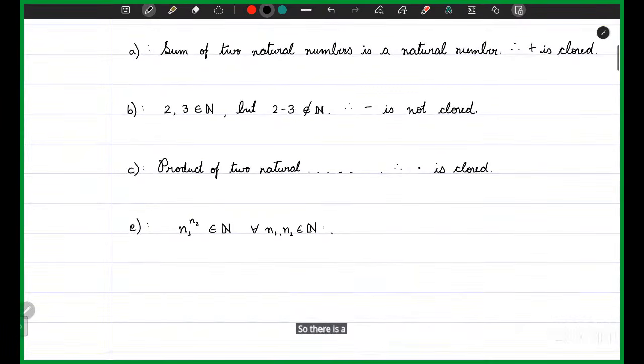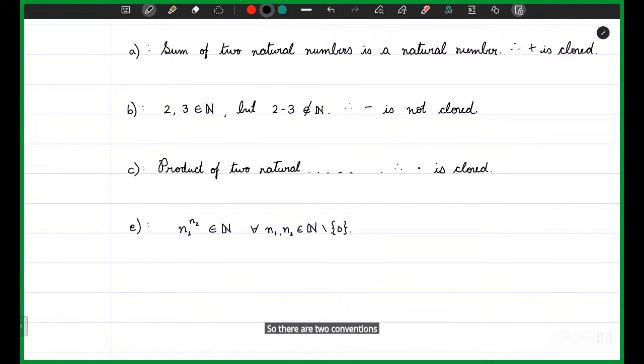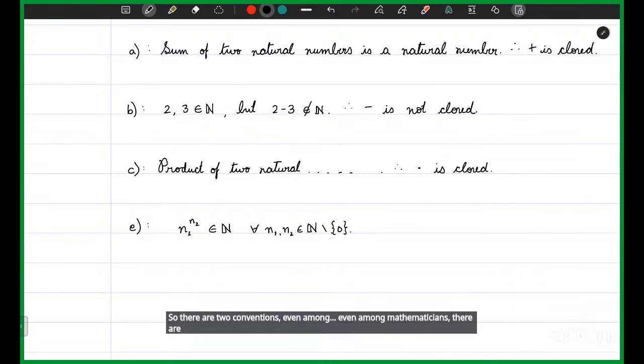I have a question. In general maths we studied that zero is not part of the natural numbers. It's a whole number. But in the IITM lecture, it is included in natural numbers. Why? Because there are two conventions, even among mathematicians. There are people who consider natural numbers to include 0 or to not include 0.